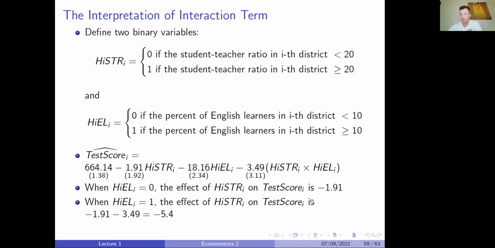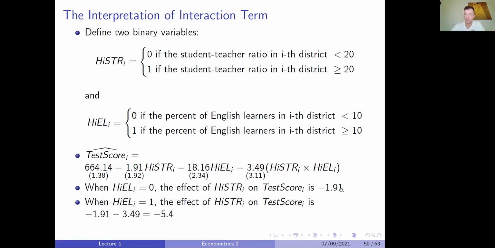Now, for districts with a large immigrant community, with a lot of immigrant students, high EL equals 1 here and here, and now when we switch high STR from 0 to 1, the effect is minus 5.4. So the effect is stronger. Whenever class size is increased, in immigrant communities the reduction in test score is more pronounced.